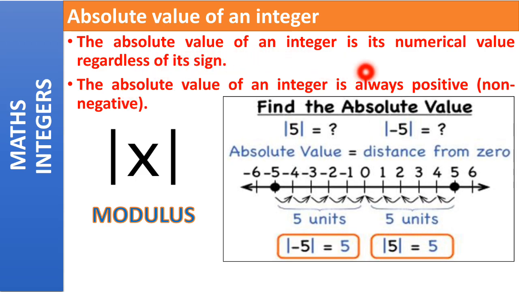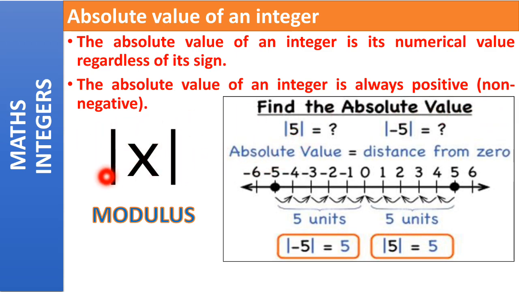So the absolute value of an integer is its numerical value regardless of its sign. No matter what the sign might be, the absolute value is its numerical value. The absolute value of an integer is always positive, that is non-negative.